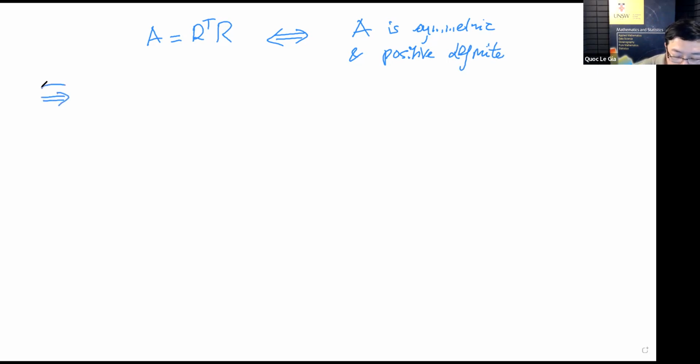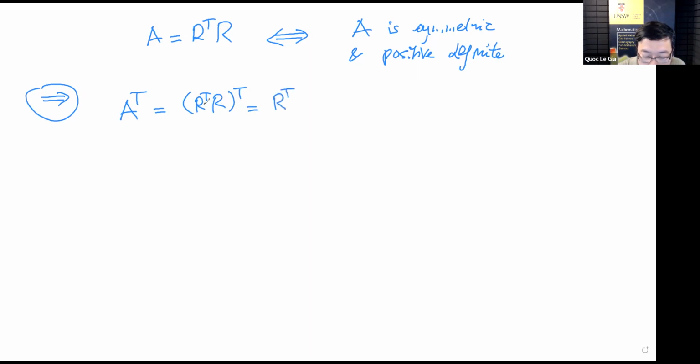Now how do I show that A is symmetric? I just consider A transpose. So A transpose is R transpose R, and the whole thing transposed. Remember in linear algebra, when you transpose a product, the transpose of the second one comes first.